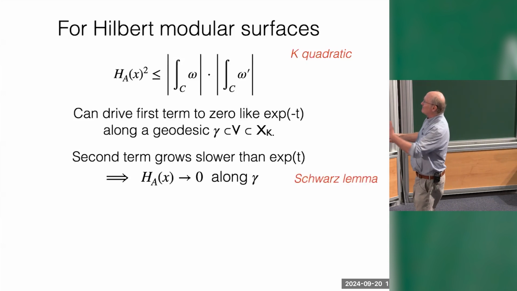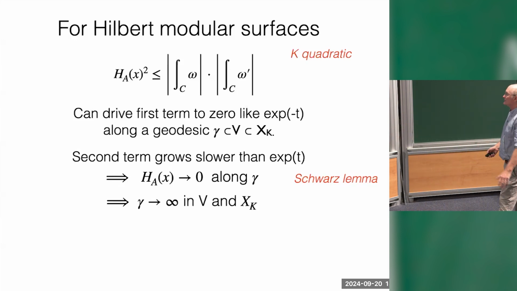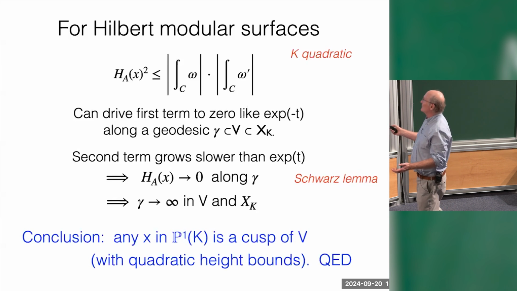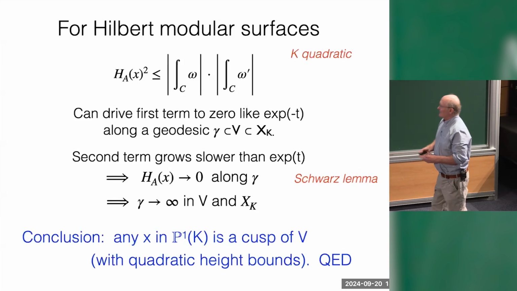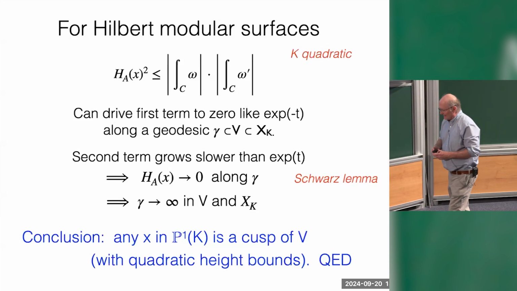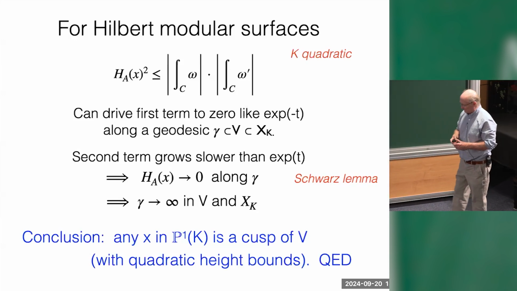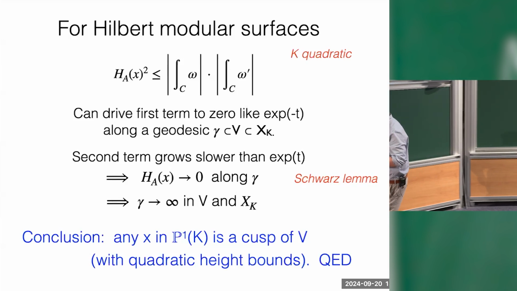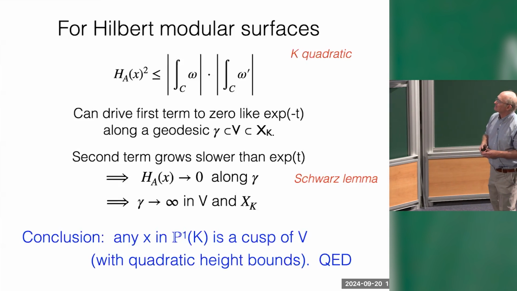But the only way that can happen is if the abelian variety A is going to infinity in the Hilbert modular surface. And that means that, in fact, gamma converged to a cusp in P1 of K. Okay, so that's a sketch. And that's the most elaborate proof I'll sketch in this talk of these theorems, which can be stated in an elementary way for billiards in the regular pentagon.